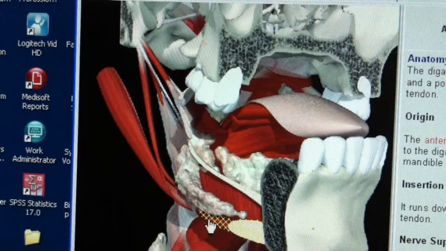all right, whose origin is again the mandibular symphysis, all right, or the mental symphysis.